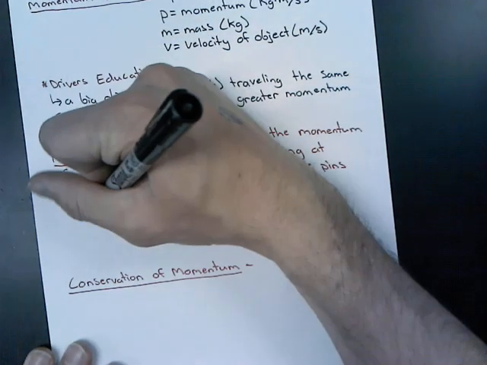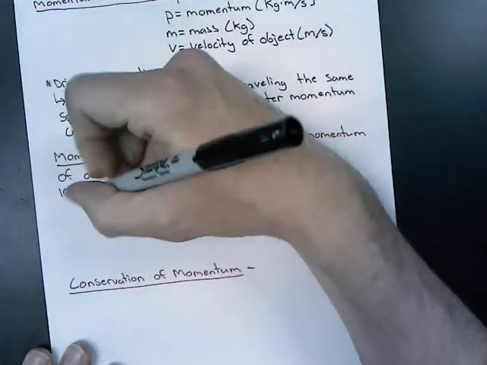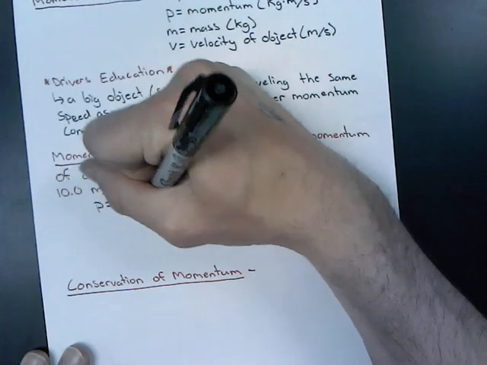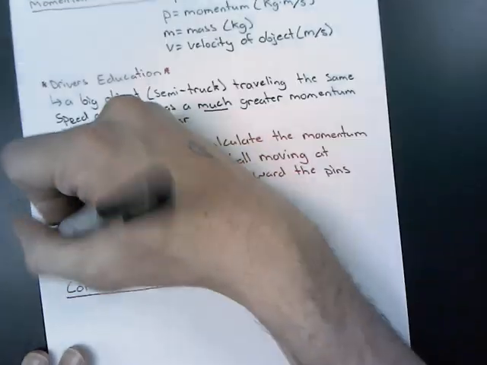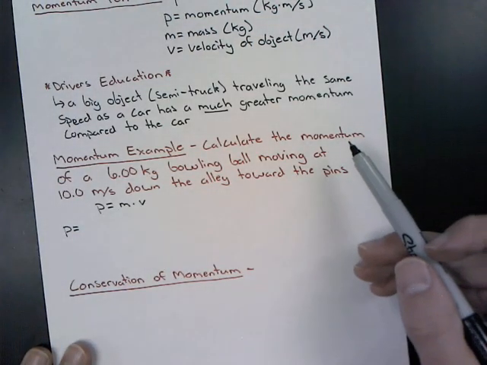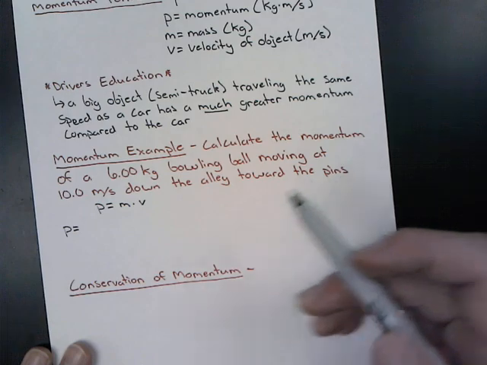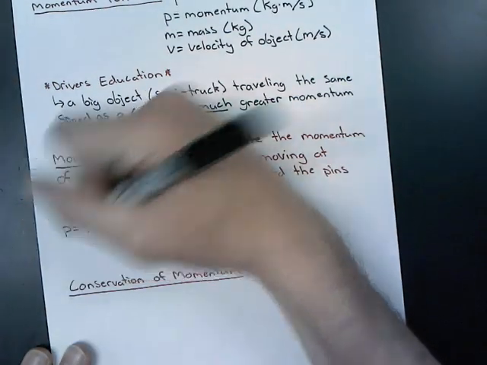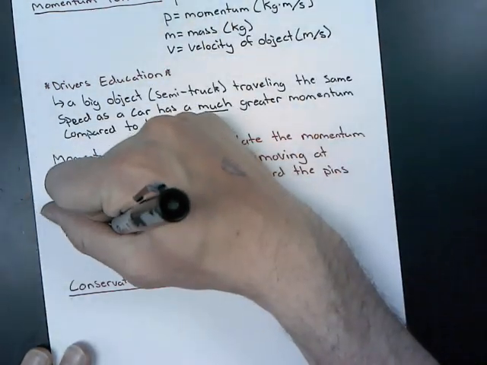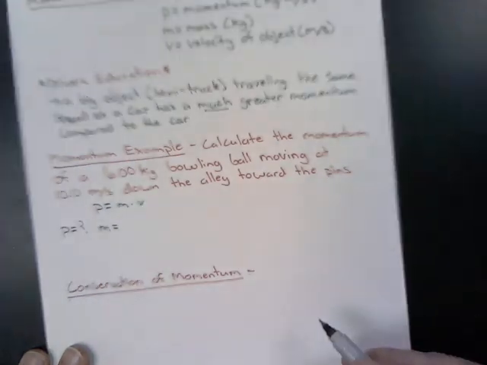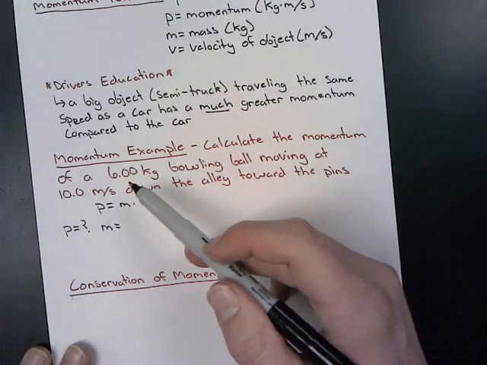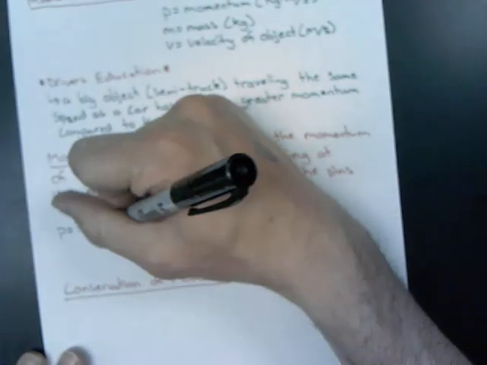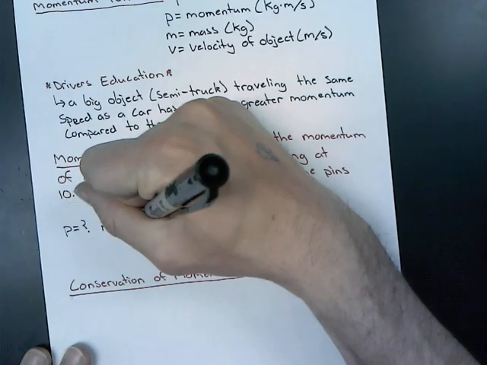Our formula, what we just learned, is that P equals M times V. P stands for momentum. It says right here we need to calculate the momentum, so this is going to be our question mark. Our M for mass is going to be the mass of that object, in this case a 6-kilogram bowling ball.